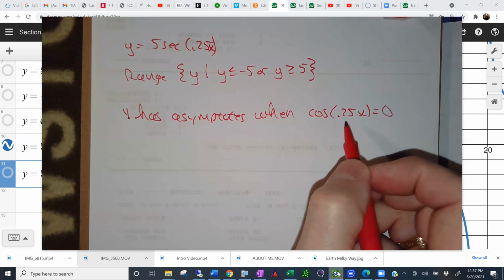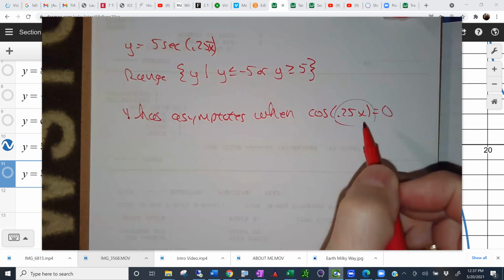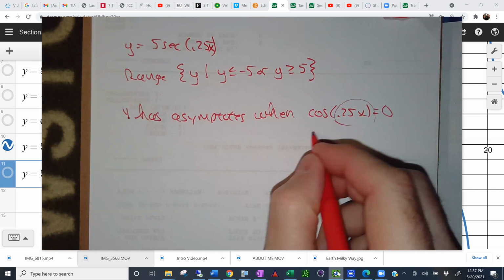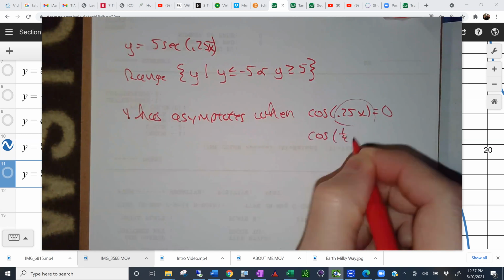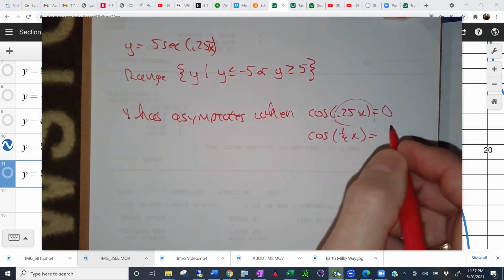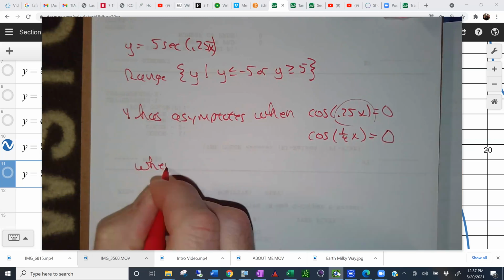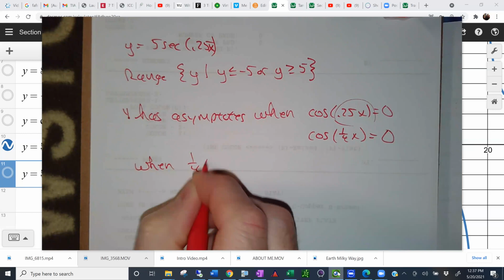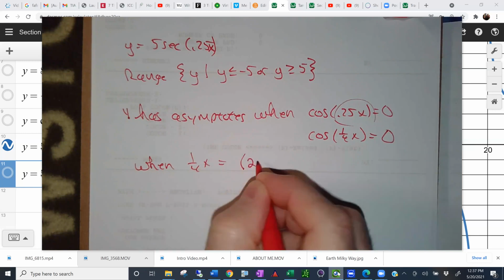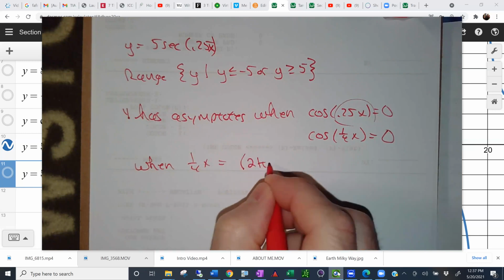This is going to be true when this is an odd multiple of pi over 2. When 1/4 x equals 2k plus 1 times pi over 2.